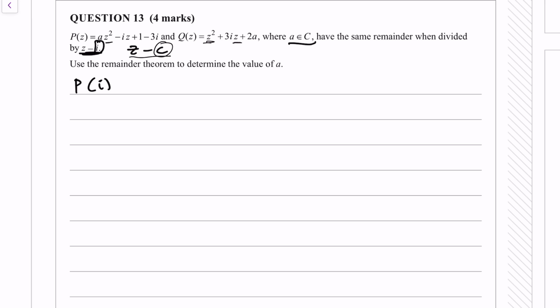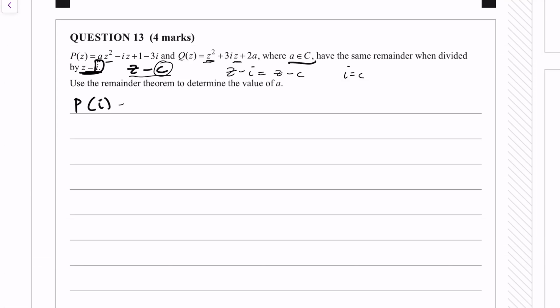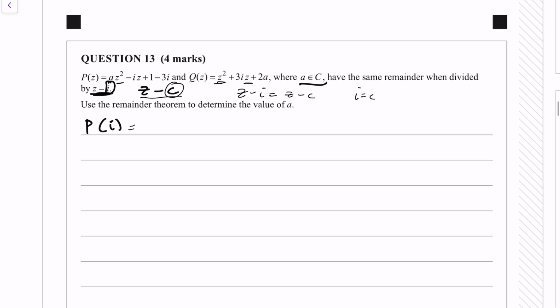So in this case, z minus i is equal to z minus c. You can notice that i is equal to c, and so we can just substitute that in. So for the first polynomial p, we would substitute i for z.